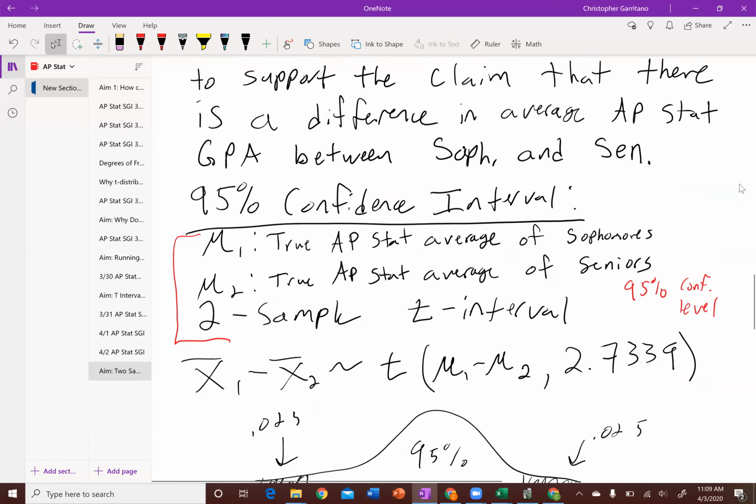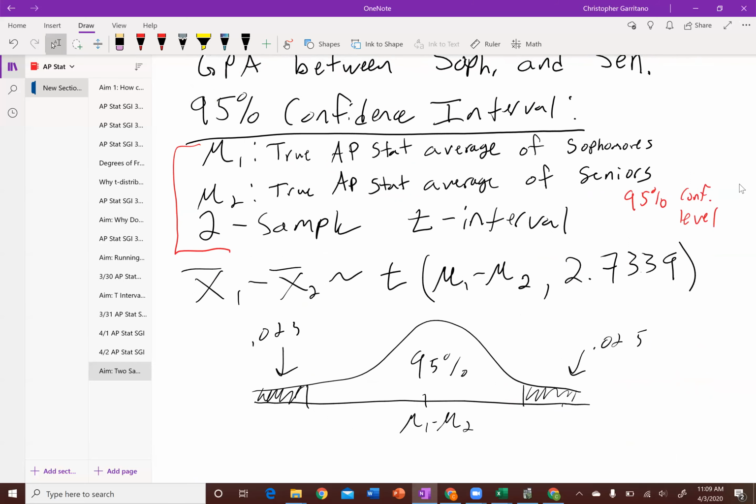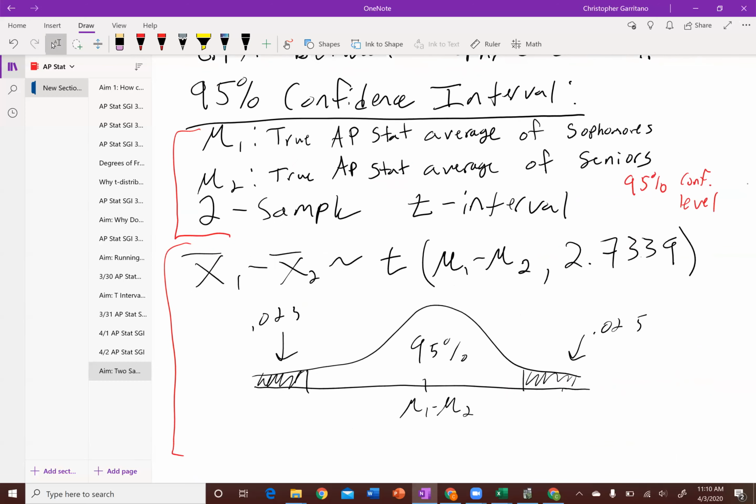So the justify stage is done, and let's move on to the show stage, which is what you're seeing now over here. I haven't shown all of it yet, but this is part of it. As long as the conditions are met, the difference in sample means should be distributed using the t distribution, centered at mu1 minus mu2, which in this case we aren't sure of, and we're trying to gauge what that value is.